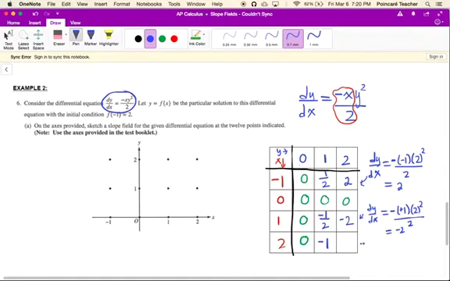And then to fill in this spot, we'll have dy dx equals negative times 2 times 2 squared divided by 2, and that's going to work out to be -2 times 4, which is -8. -8 divided by 2 is going to give me -4.